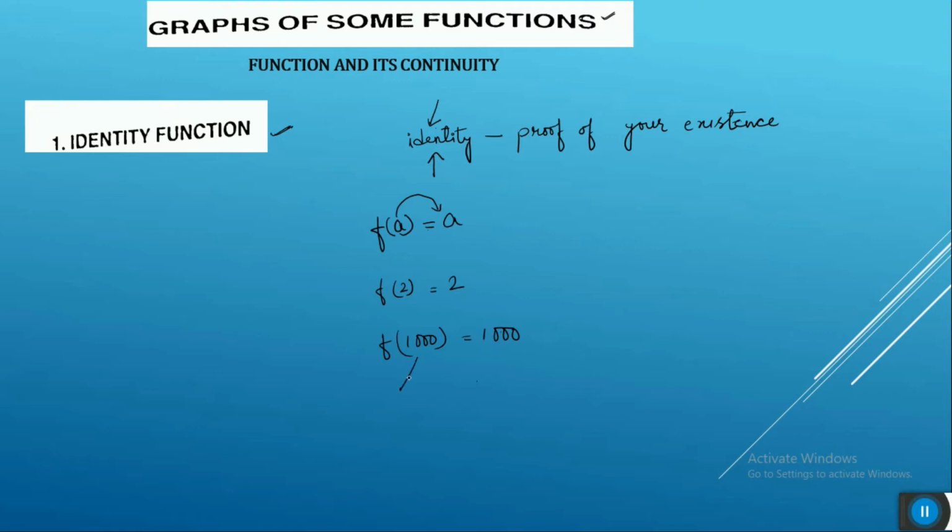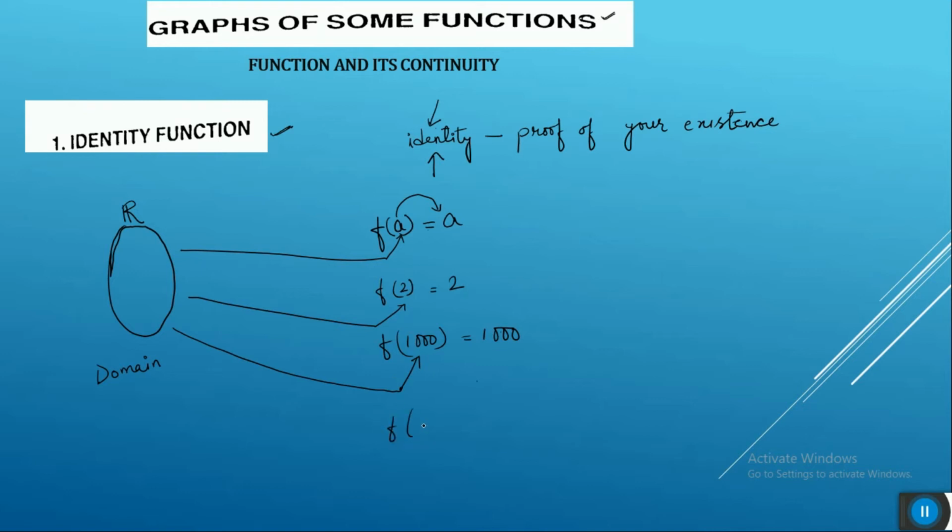Now the values which I am going to put here will come from a set. Let's say that is R, the real numbers. This will be called the domain. You think of a number and you put it here, suppose f of, you think of a number, say 20.